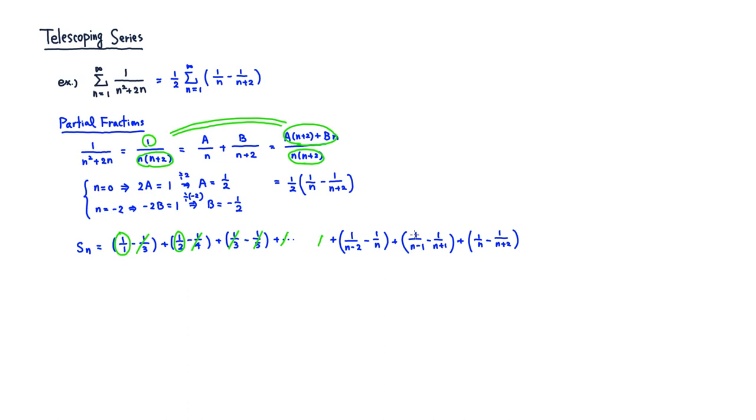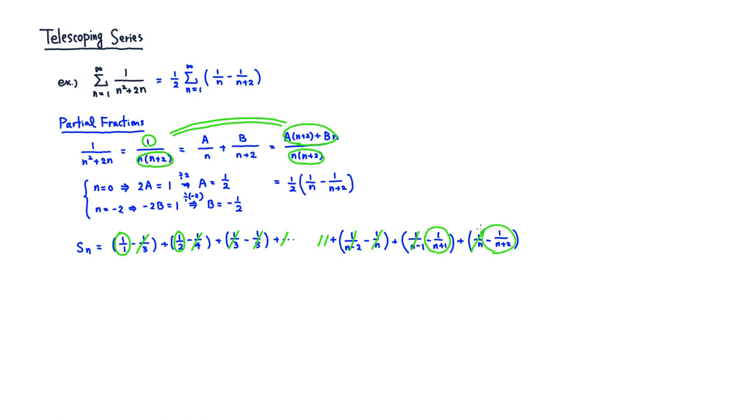And again, this one is going to cancel with that one right there. And this one right here, skip one and then cancel with this one. Also this one is going to be canceled with that one. We can't see it, but it's there. But these two will not cancel because there's no one to pair up with.